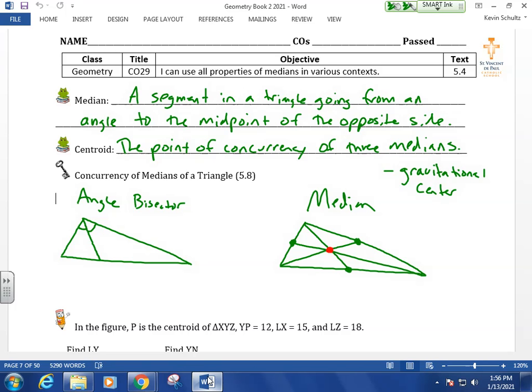So you'd place the triangle on its centroid on top of the pencil, and it's going to balance there. Of any of these three centers that we talked about, circumcenter, incenter, and now the centroid, this is probably the truest center as far as the balance is concerned. Okay? So the gravitational center, and what we mean by that is that's where the triangle balances.